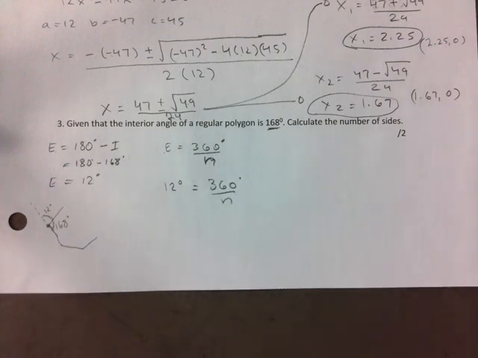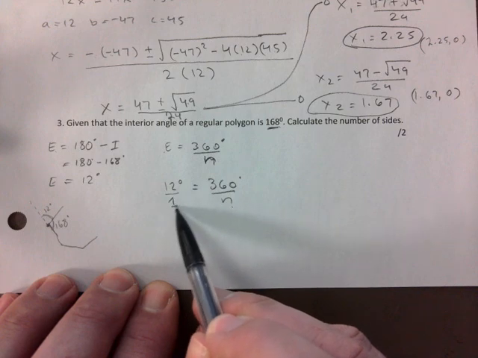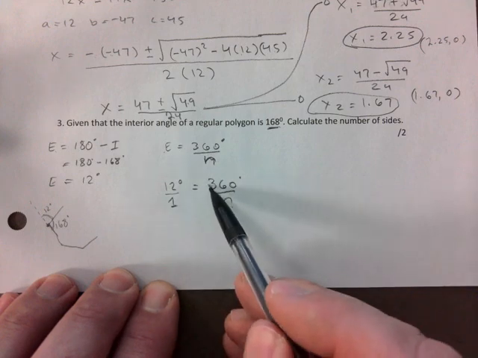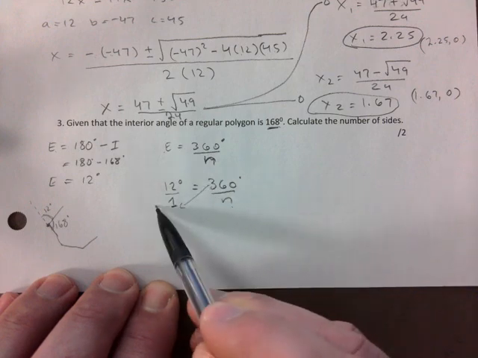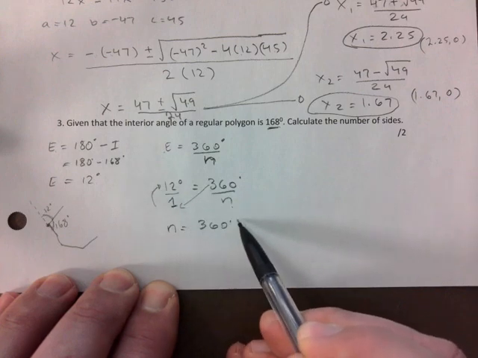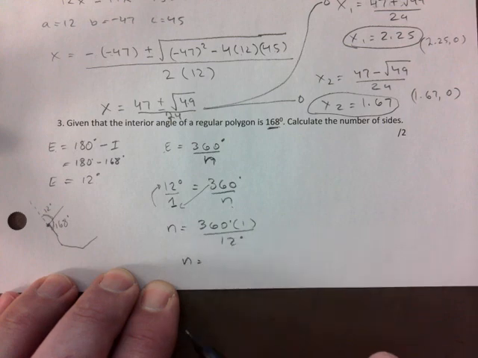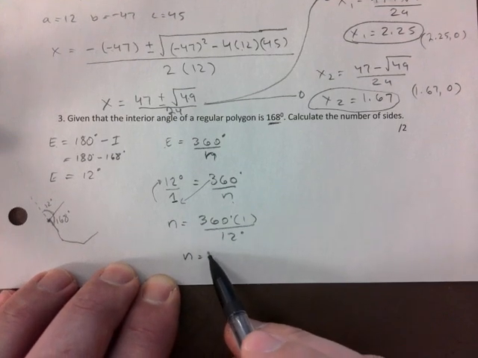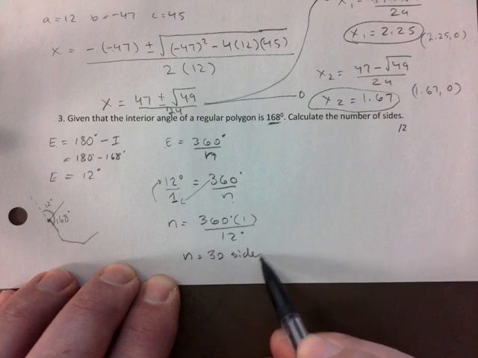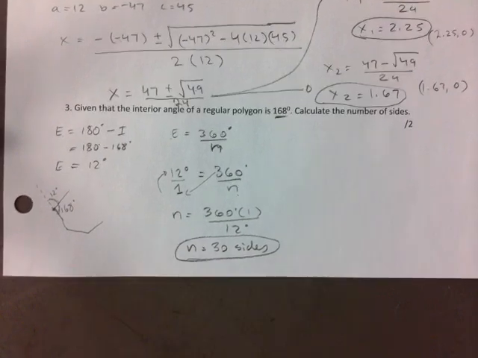This will easily give me the number of sides. So all I do is put the 1 here as a placeholder. You cross multiply and you divide. So it's 360 times 1 divided by 12. And this is 30. 30 sides for that question.